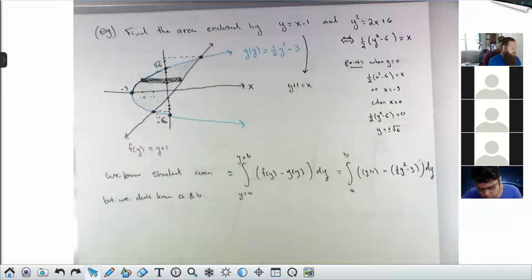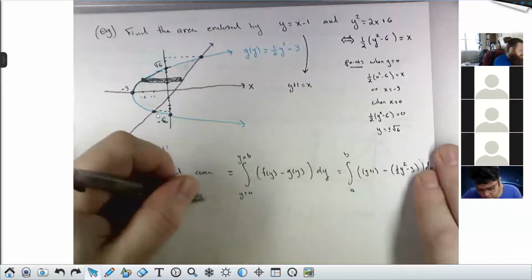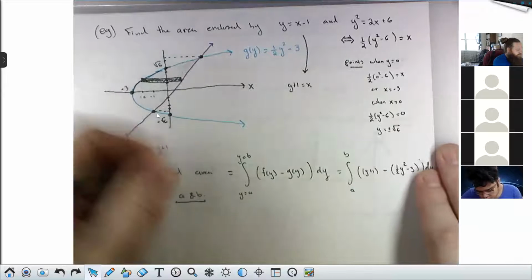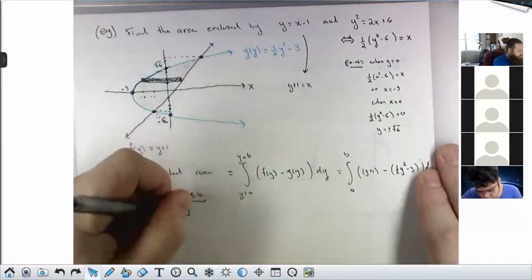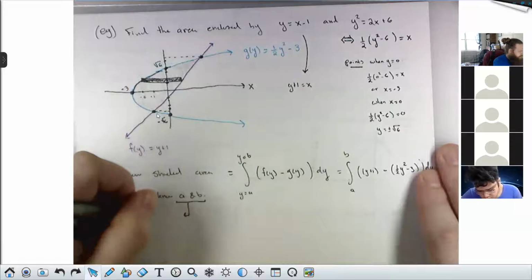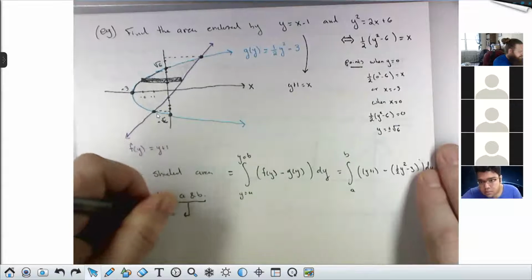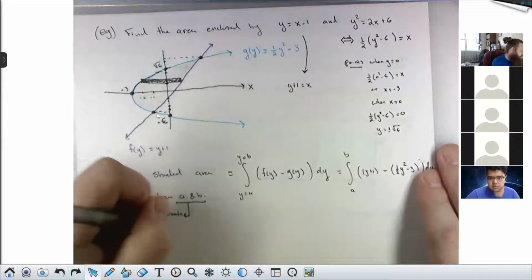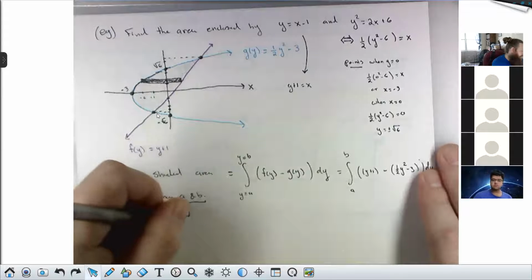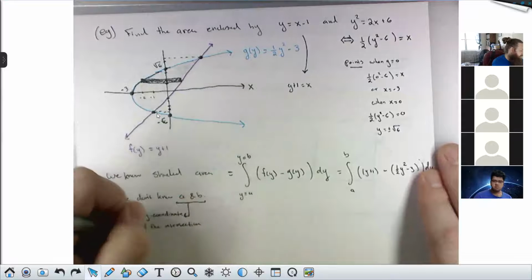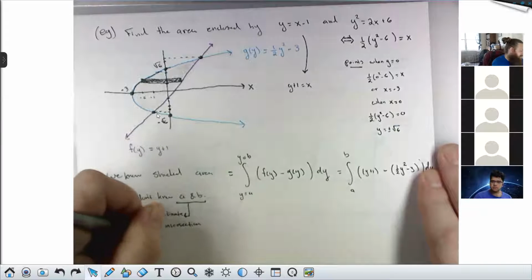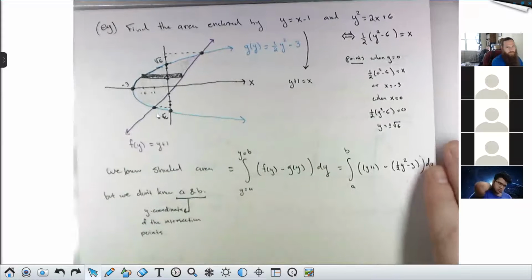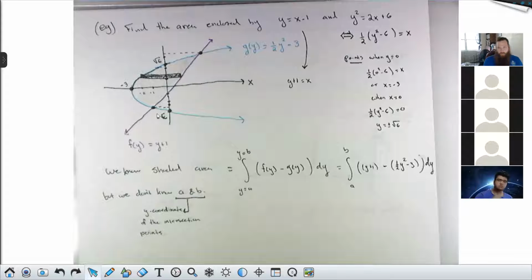And these numbers, a and b, these are the y coordinates of the intersection points. So we got to find those intersection points.